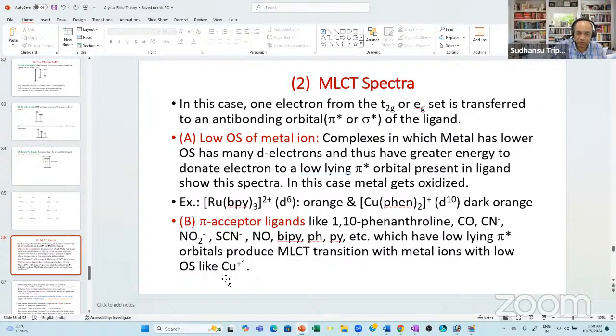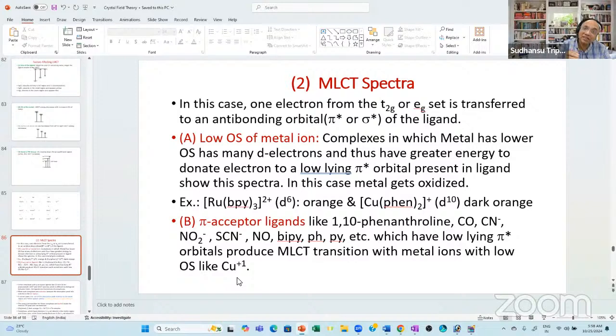Even Cu plus 1 having d10 configuration, I told you an example, that Cu(CN)3 or Cu(CN)4 3 minus, where Cu is in the plus 1 state, is d10 because there is no d-d transition. Therefore, it is colorless. So that is just for the sake of beginners.